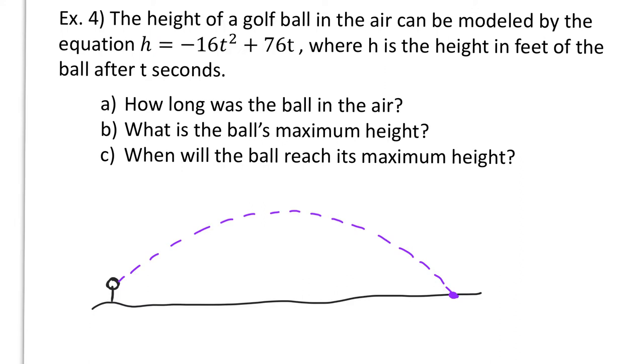Your height is like the y-axis when you go up. So your y is going to be your maximum height. So I'm going to use Desmos again, and I'm going to graph the equation. I'm not going to use h and t because with Desmos we need to use y and x. But it's going to be the same thing, just using different variables.